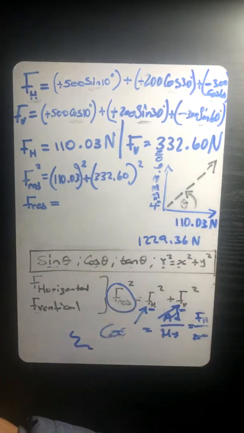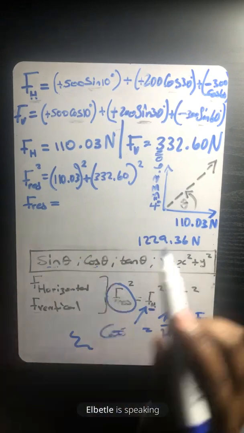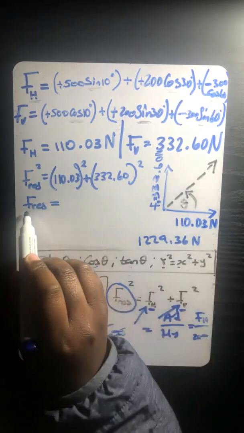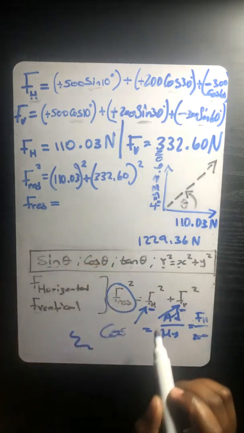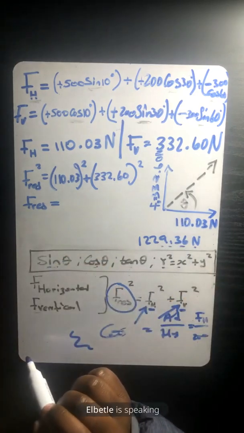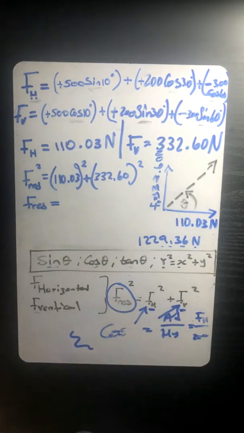What else are you guys getting? Say 122729,36. So this is FR, isn't it? Yes. Are you guys also getting the same thing? Yes, sir.